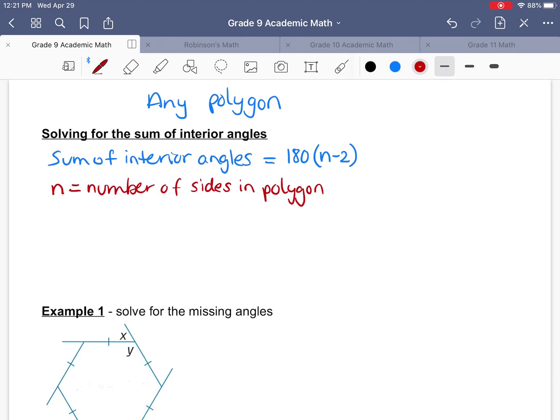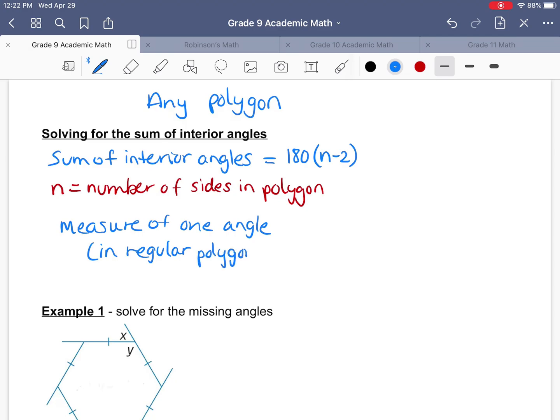Now, if we want to just get the measure of one angle, we can do this for regular polygons only, and it's going to be equal to the sum over n. So we have 2 basic formulas we can work with.